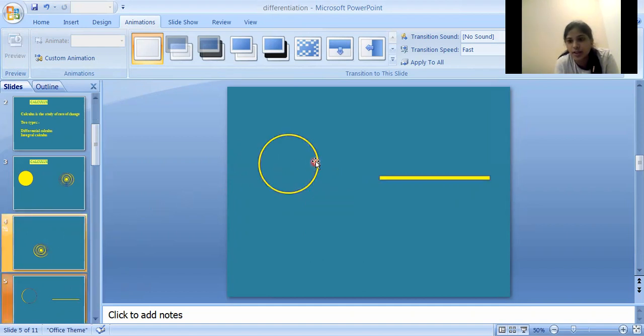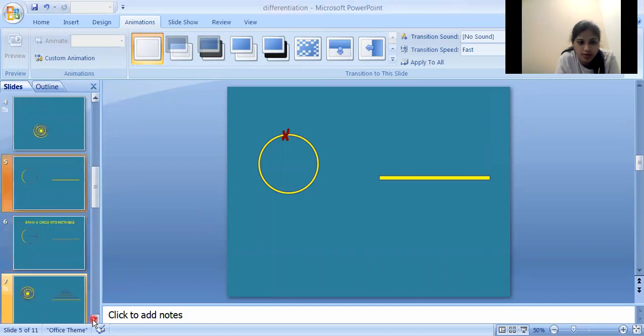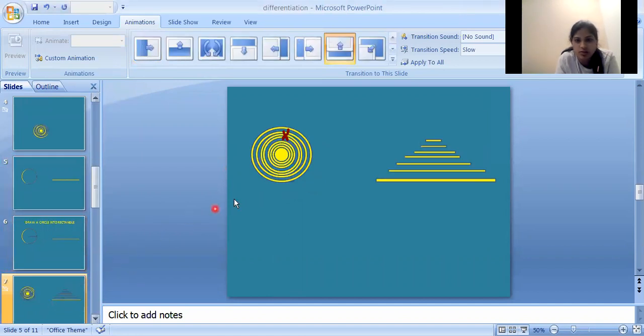Now I'm going to take one circle and then I'm going to straighten out the circle. I can cut the circle over here and then straighten it out. Then I'll be getting a small, thin rectangular piece, right? Similarly, if you apply the same concept for all the circles, you'll be getting the result like this.